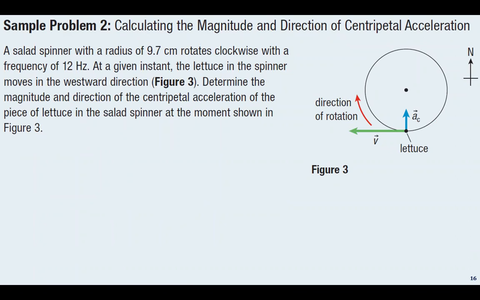Determine the magnitude and direction of the centripetal acceleration of the piece of lettuce in the salad spinner at the moment shown here in figure 3. Okay, I'll give you 5 minutes to consider this problem by yourself, then we'll have a look at the solution together.